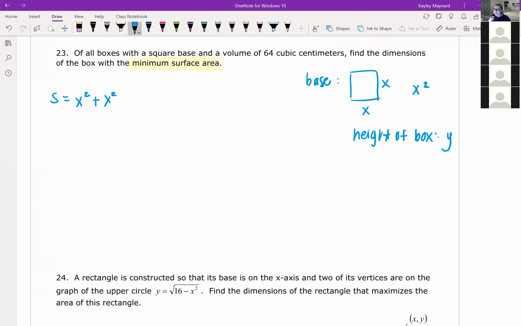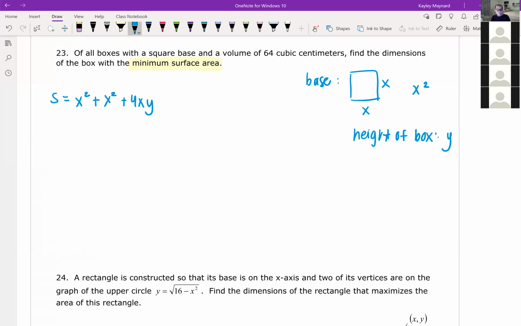And so that means that the area of one side of the box would be x times y. Hopefully that makes sense. And there are 4 sides, which means that you have to add in 4x times y. It's just the equation for surface area. If that's confusing, it's probably because I didn't do a good job verbally saying it. Feel free to Google the surface area equation if what I just said didn't make much sense, and I think you'll be able to see why.